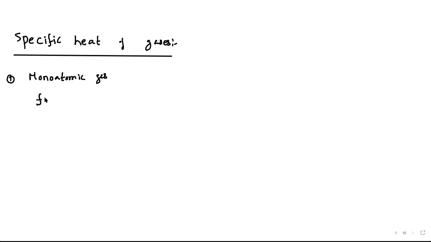So for a monoatomic gas, to calculate specific heat, let's first write the energy with each degree of freedom. Energy with each degree of freedom is half kBT.